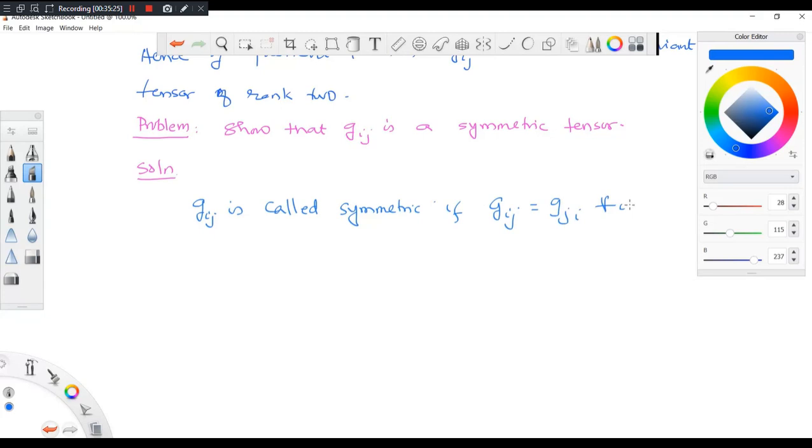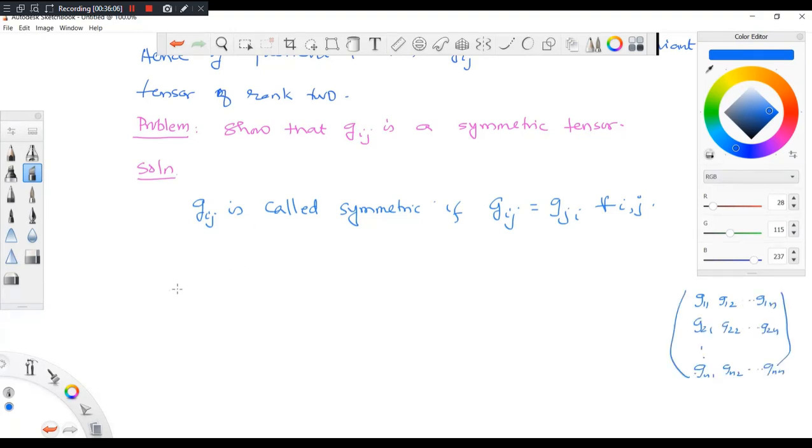When I say Gij is a covariant tensor of rank 2, you should mean G11, G12, etc., G1n, first row, G21, G22, etc., G2n, second row, etc., Gn1, Gn2, etc., Gnn. So it is nothing but this matrix. When do you say that this matrix is symmetric? When you take the transpose, it should be equal. Gij should be equal to Gji for every i and j. Then you call it symmetric.